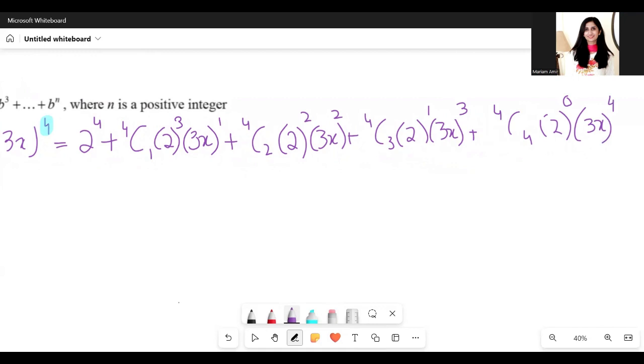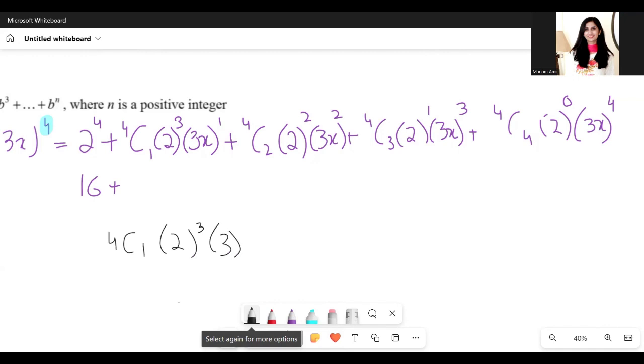Now let's find all these values through the calculator. 2 power 4 is 16. 16 plus, now in the calculator, I'm going to enter 4C1 times 2 cube times 3 power 1 or just 3. Okay, so how do you press 4C1 in the calculator?